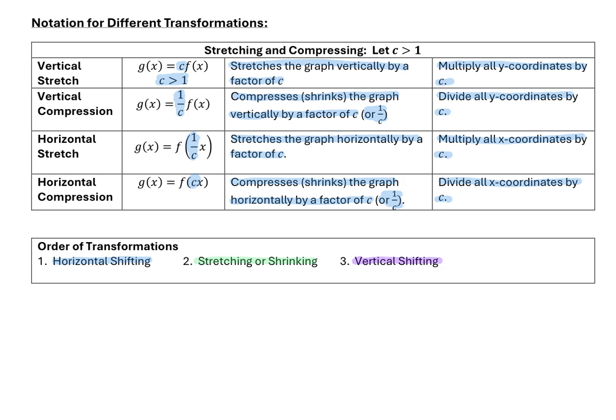So instead of multiplying and dividing and then adding and subtracting, we actually have to add or subtract and then multiply or divide. And I'll show you why when we get into some of the more complicated examples. All right, so let's go ahead and start with just talking about our stretching, and then we'll add in the other stuff.